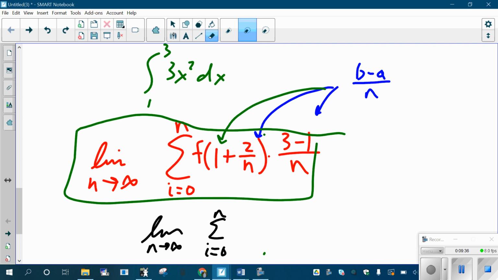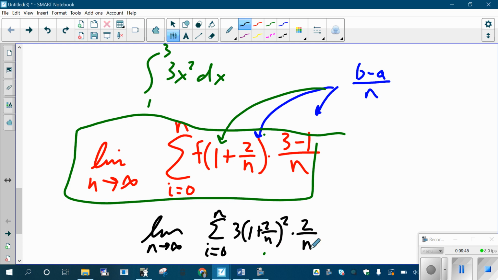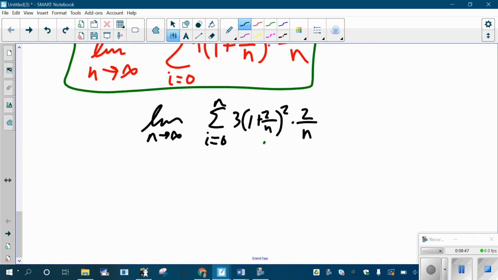So I'm going to plug in 3 times 1 plus 2 over n squared, times 2 over n. I'm going to do some simplifying first. I'm going to get 1 plus 4 over n plus 4 over n squared. 3 times that, and I'll write it like this.